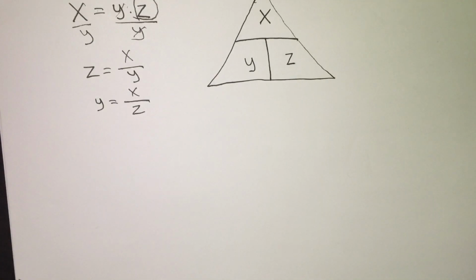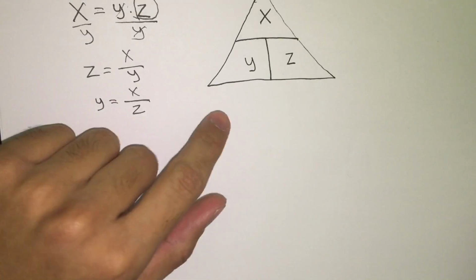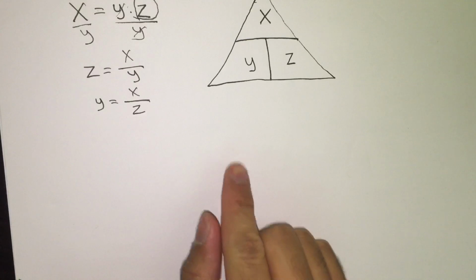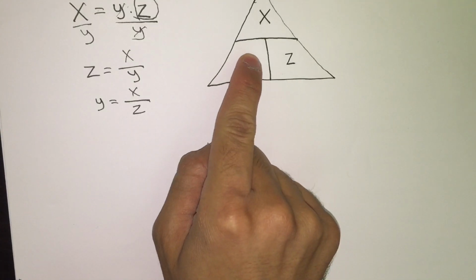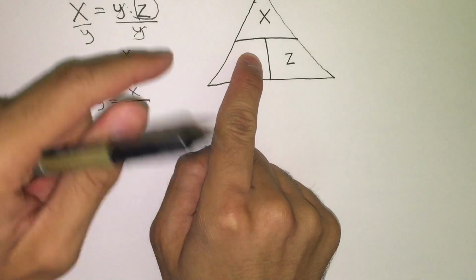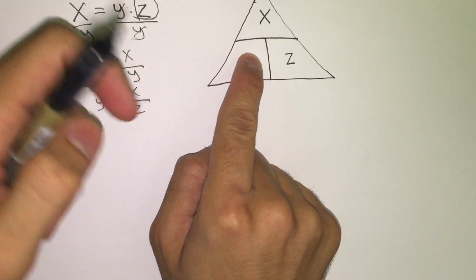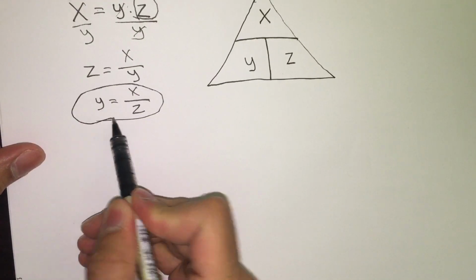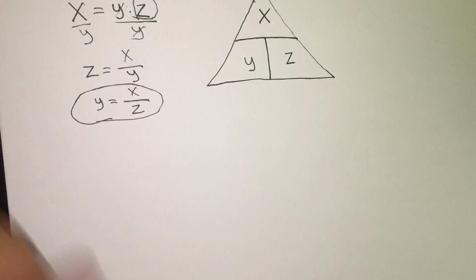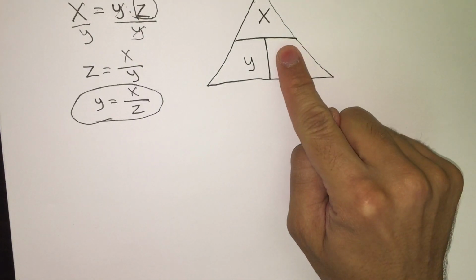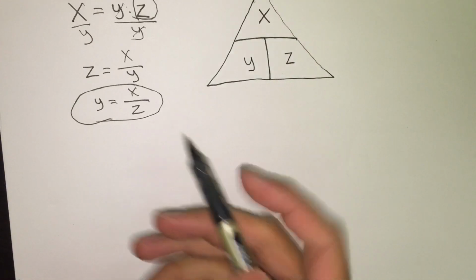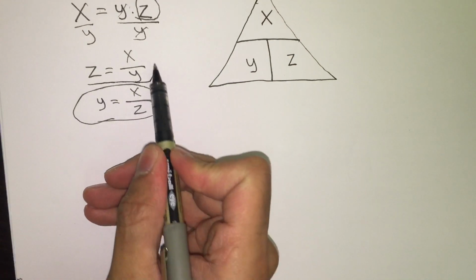So the triangle method is you basically just, if you want to find the value of y, for example, you just cover the y and you see what's left. Well, you're left with x divided by z, which is this equation. If you want to find the value of z, you just cover the z and you're left with x divided by y, which is this equation.